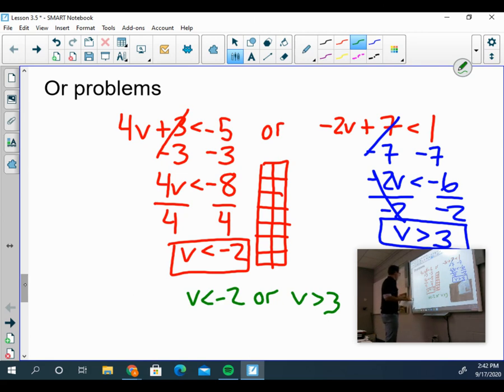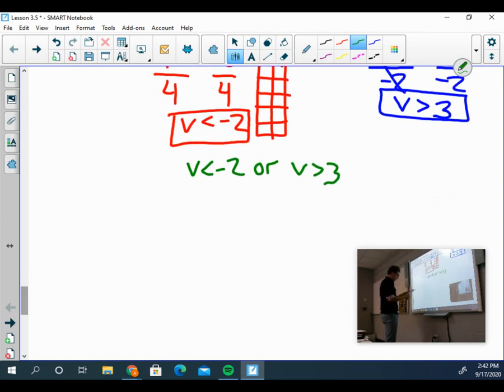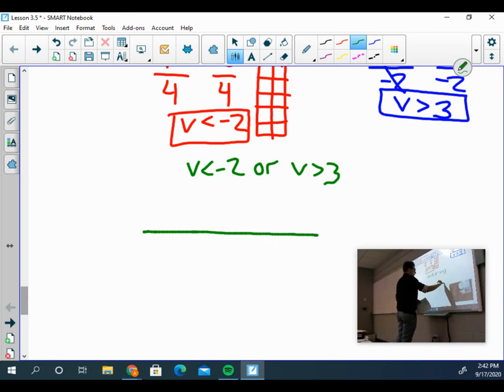Well, we need to create a graph. Okay, we're going to graph these inequalities. So how does this look? Well, I'm going to draw that number line.